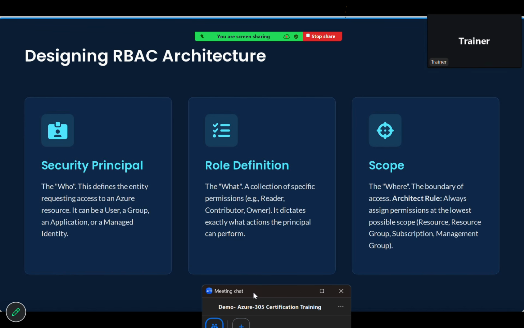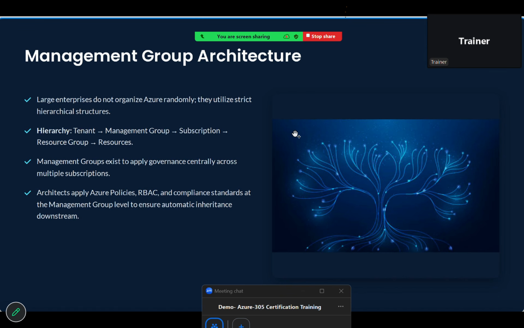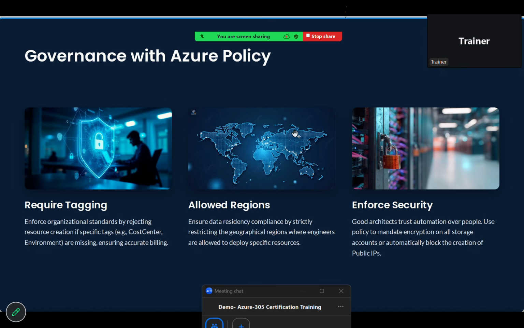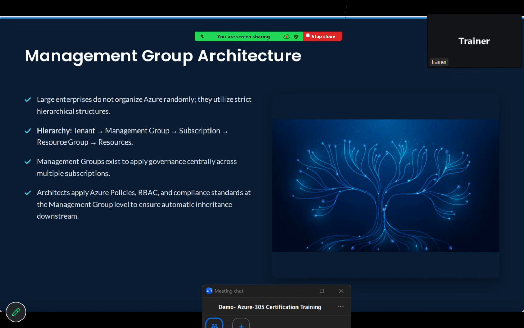Now let's move to designing subscriptions and management group architecture. A large enterprise does not organize Azure randomly.